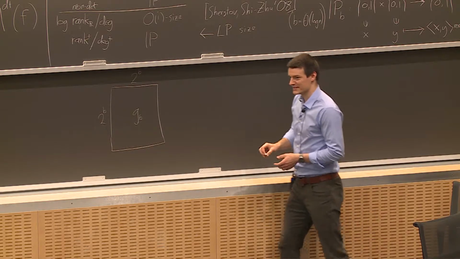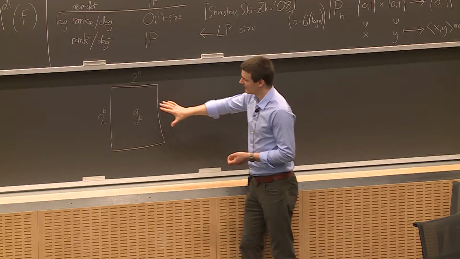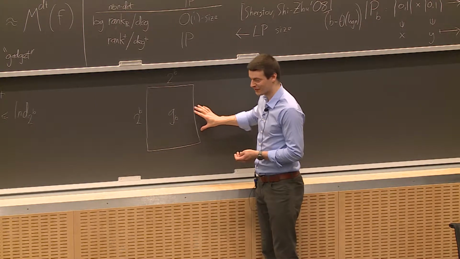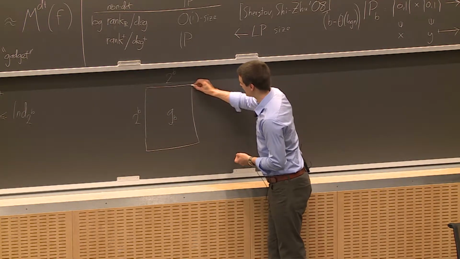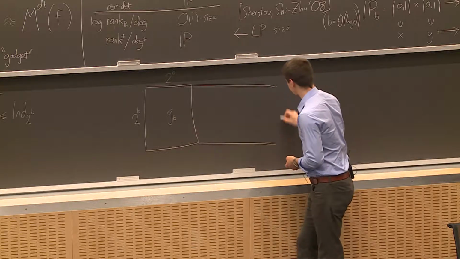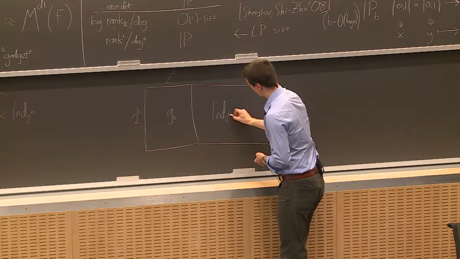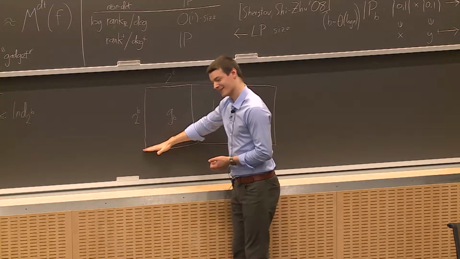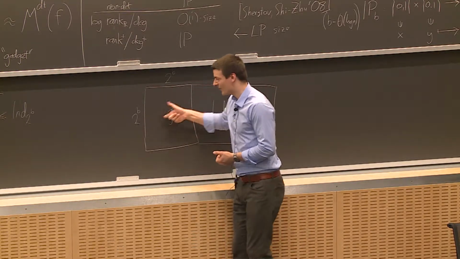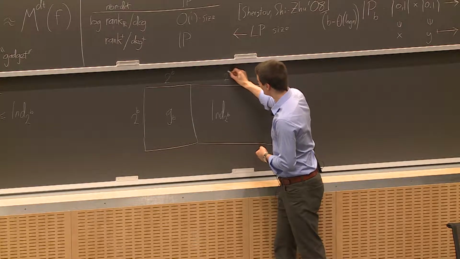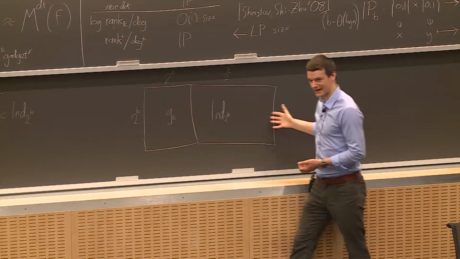And if you think about it, it's a matrix that has all possible Boolean columns. So index is really 2 to the B rows and all possible 2 to the B Boolean vectors.